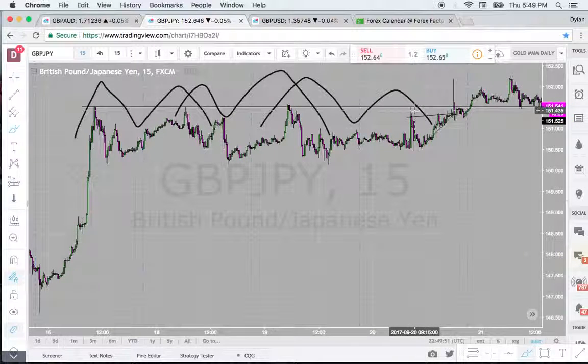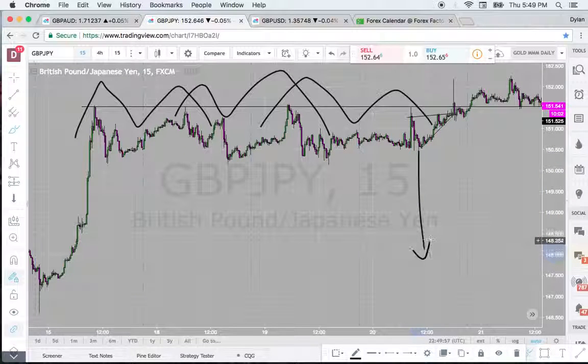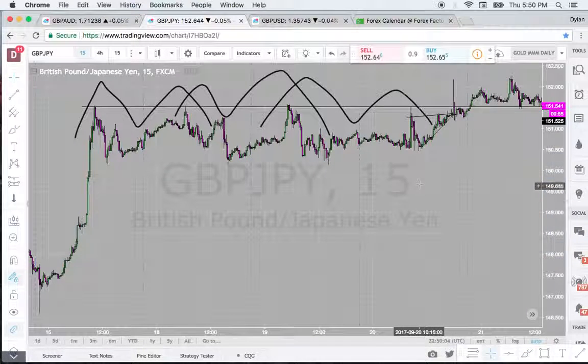If they would have wanted to drop the price to at least 150 or drop the price at all, they would have done it here or here. They're never going to give you this much time to keep selling and buying in a range like this, you guys.